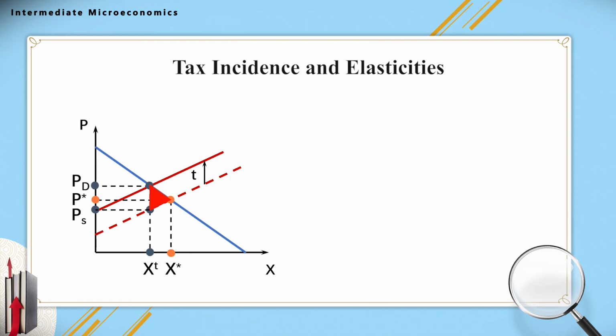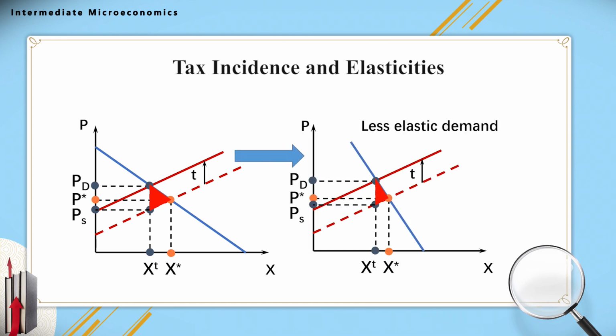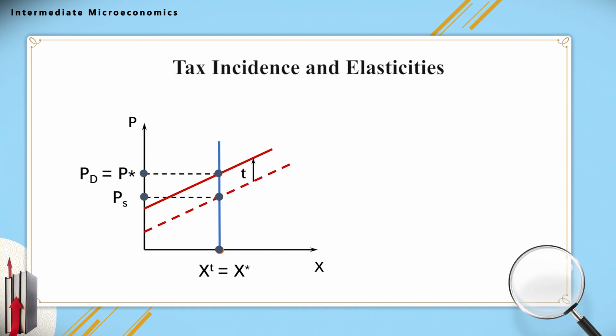Tax leads to a price change for the consumer and the seller. As the demand or the supply becomes less elastic, the demand or the supply responds less to the price change. So the deadweight loss will be smaller, especially when the demand or the supply is perfectly inelastic.